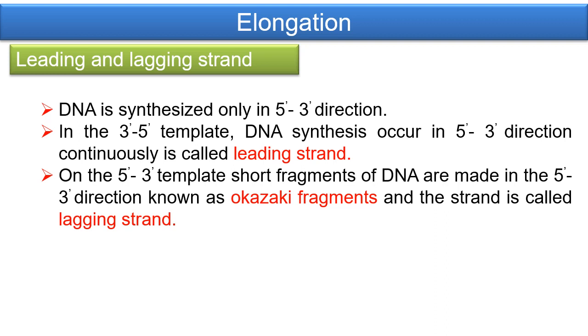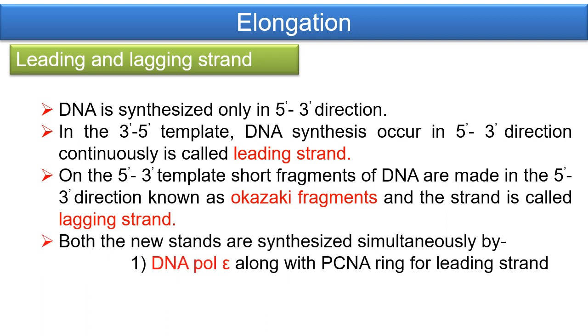So on this strand, short stretches of DNA are formed from 5 to 3 prime direction, known as Okazaki fragments, and the strand is called lagging strand, as replication on this strand occurs slower than the leading strand due to formation of these Okazaki fragments. How the Okazaki fragments are formed, I'll explain later on.